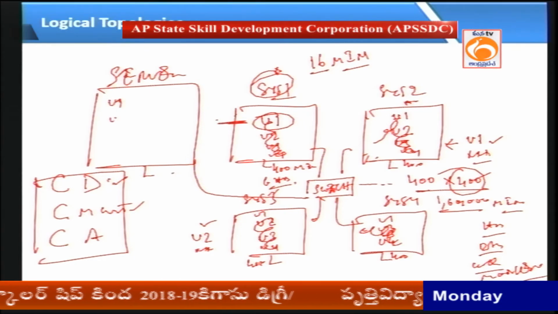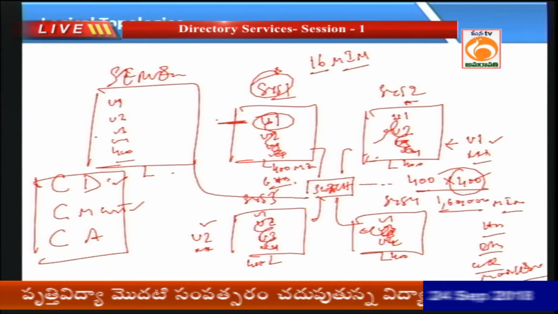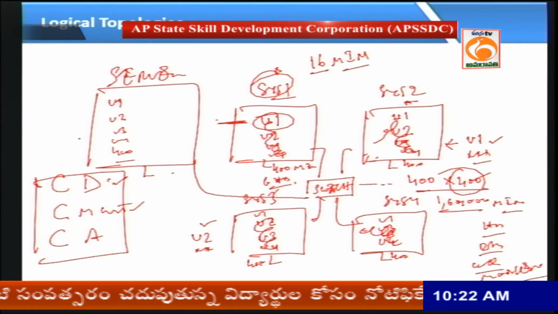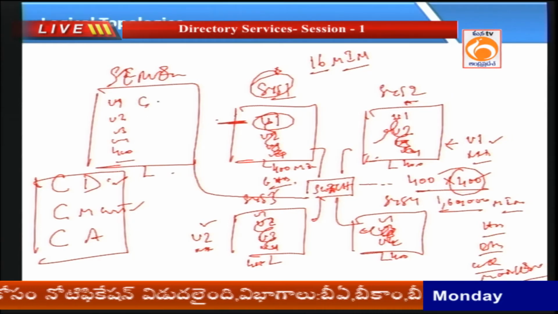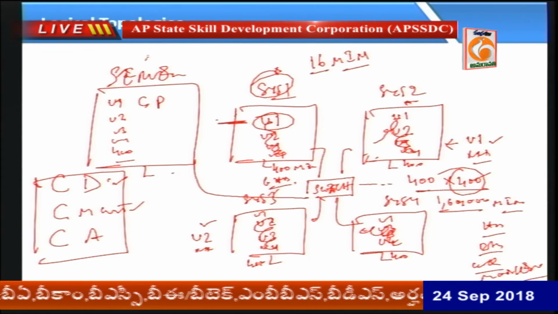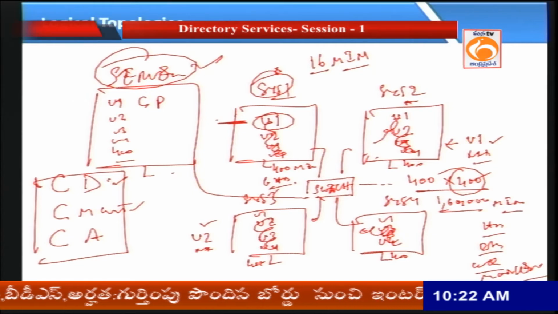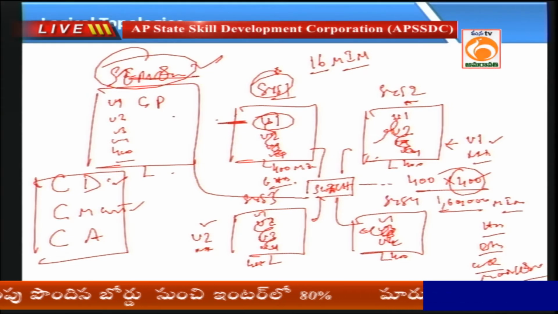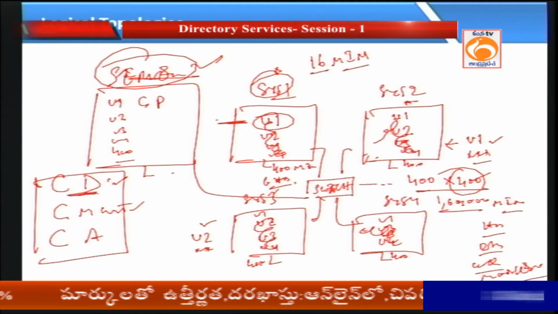It might be 4 users or 400 users, I will create everything in the server. Not only users, but computer details, printers, all your network information I will store in one place, and that computer we will call a server. This is called a centralized database.